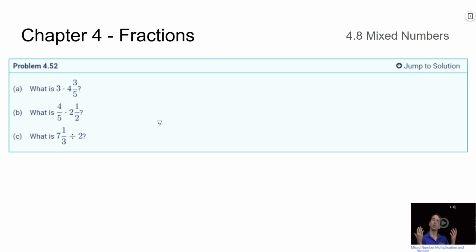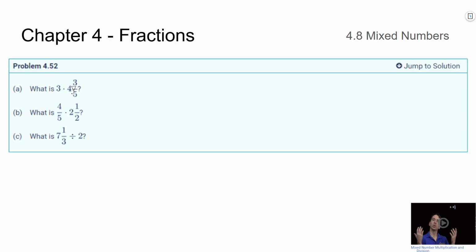Okay, so what doesn't work here is just multiplying the integer parts, keeping the fraction. So if we were to first convert this mixed number to a fraction, we can see what the answer should be.